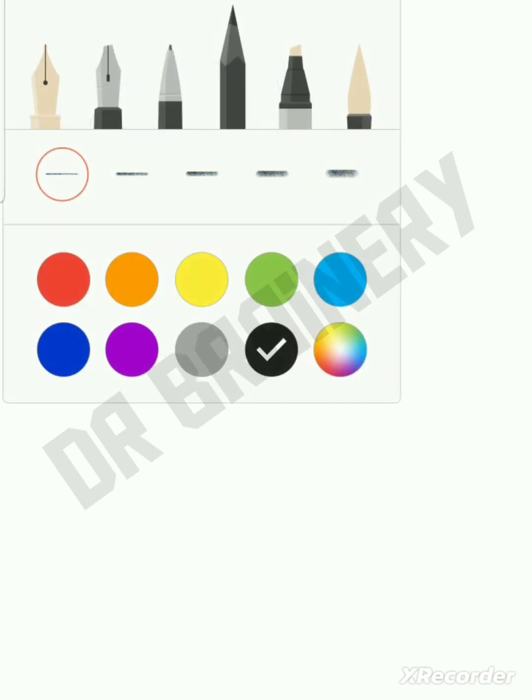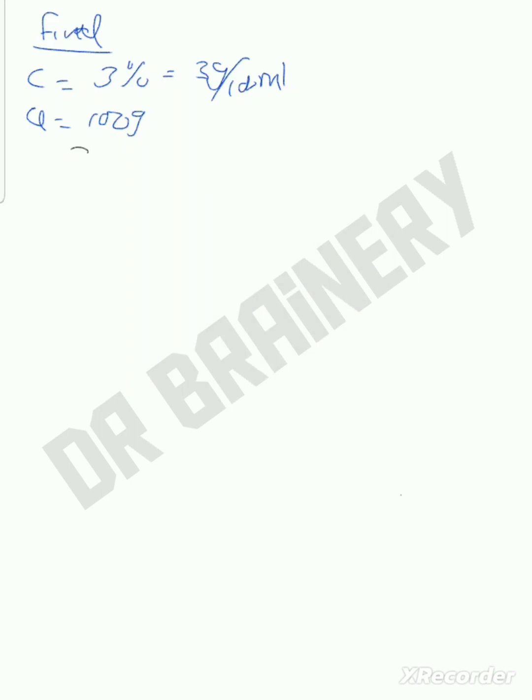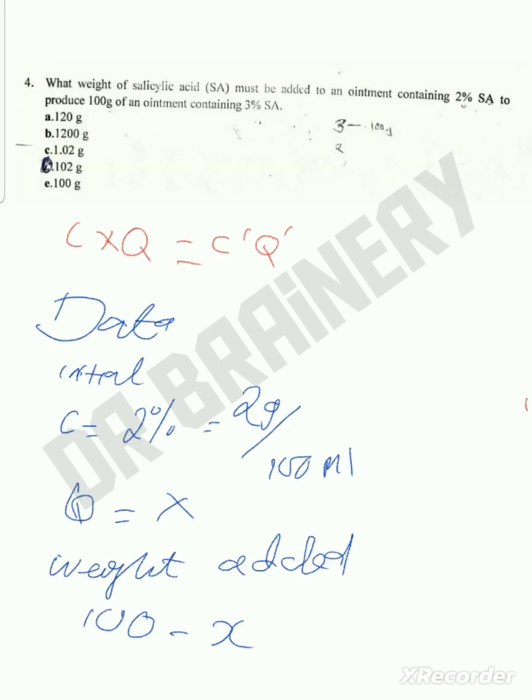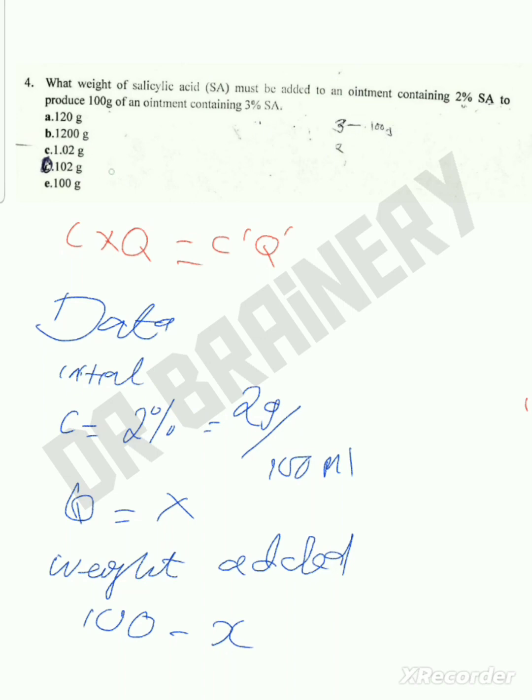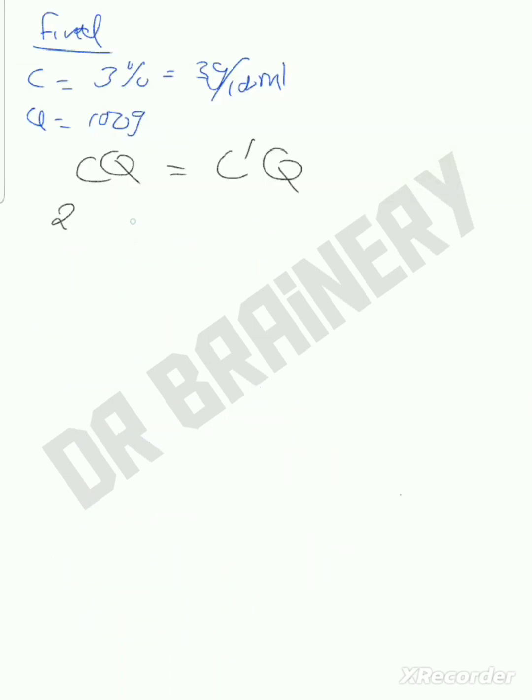My formula is C1Q1 equals C2Q2, with a multiplication. My concentration at first is 2%. Remember I said 2% can be written as 2 grams in 100 mls, so it will be 2 over 100.